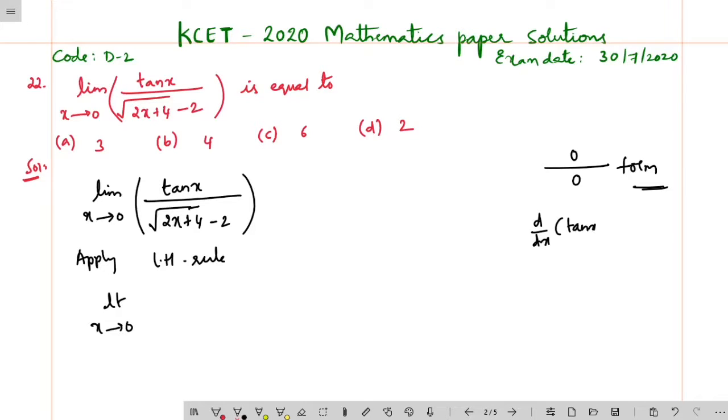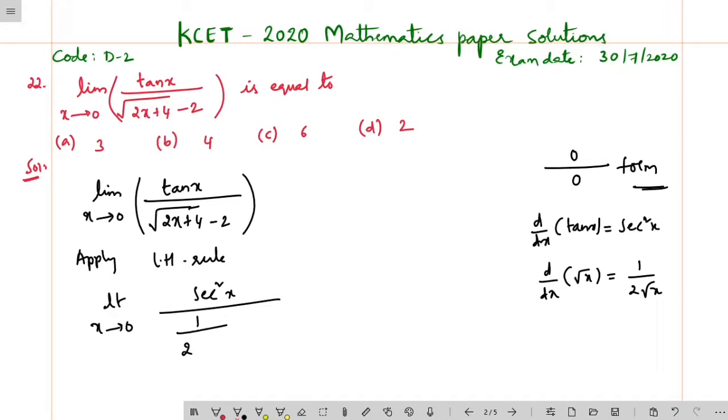So d by dx of tan x is secant square x, divided by d by dx of root of (2x plus 4). The derivative of root x is 1 by 2 root x, so we consider 1 by 2 root of (2x plus 4), applying the chain rule because 2x plus 4 is inside the root, into d by dx of (2x plus 4), which gives 2, and the differentiation of a constant is 0.